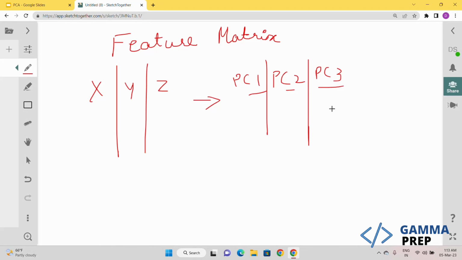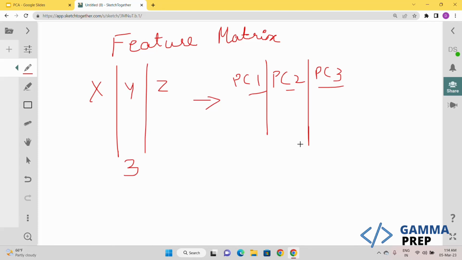In the feature matrix, we figure out how many variables we want to keep. Since you want to reduce the number of dimensions, here you have three. Let's say now I don't want to keep the three. If I had to keep all the features, then why was I doing this PCA? I was doing PCA because I wanted to reduce the number of features.